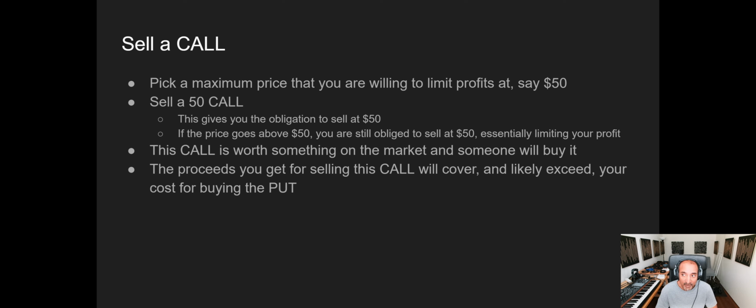Essentially, this limits the amount of profit that you can get. This call itself is actually worth something on the market, and someone will buy it. The proceeds that you get for selling this call will cover and hopefully exceed the cost of buying the put, in other words, the cost of buying the insurance.